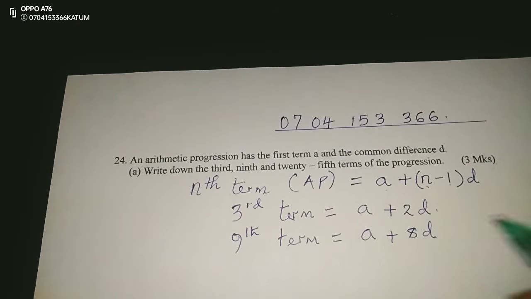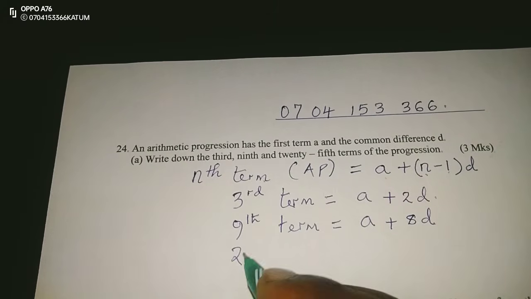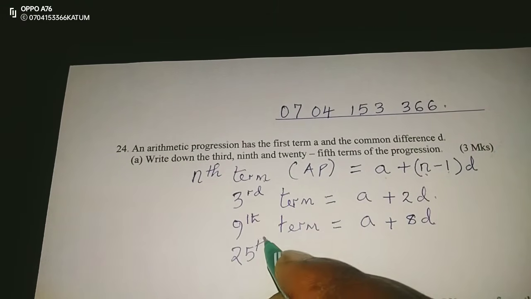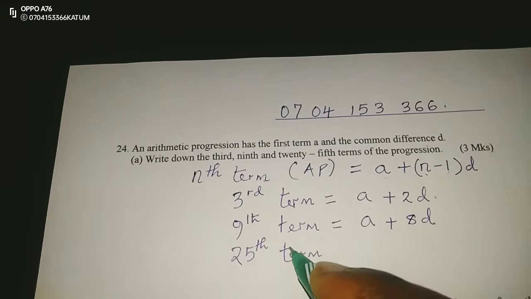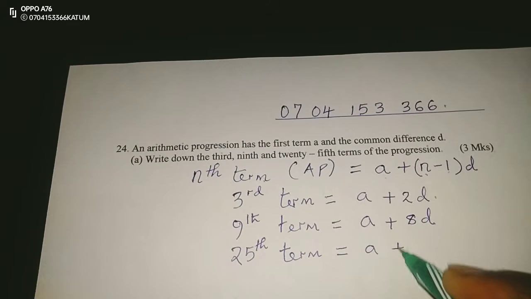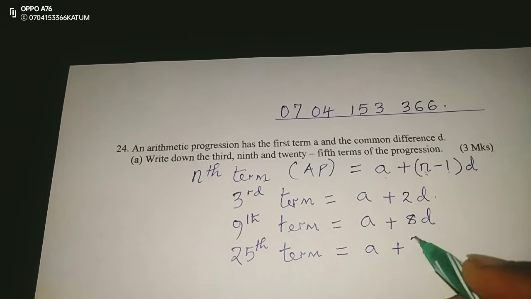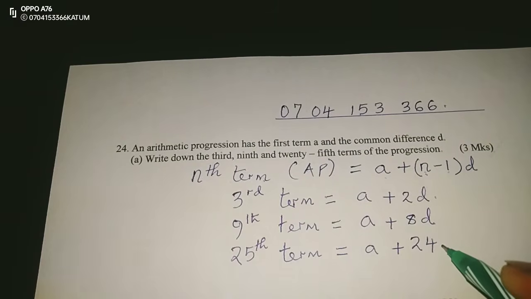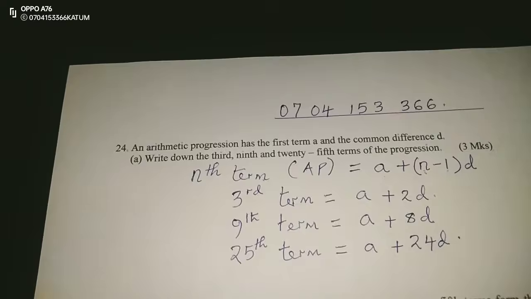When we multiply by D, we get 8D. Then we are also writing the 25th term. The 25th term is going to be A plus 25 minus 1 times D, making it 24D. We have listed the three terms according to the question.